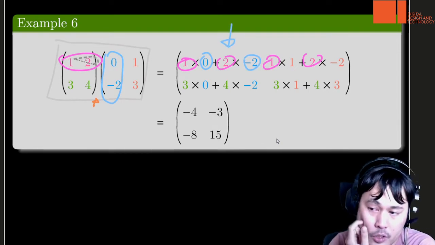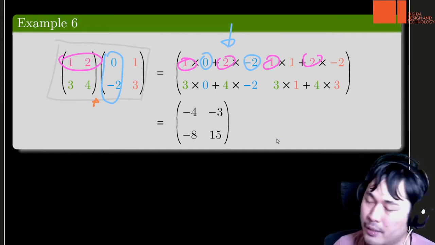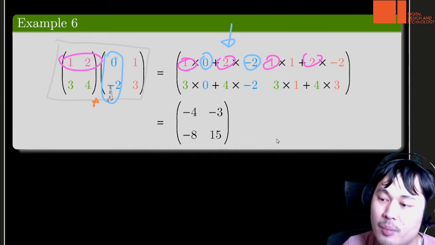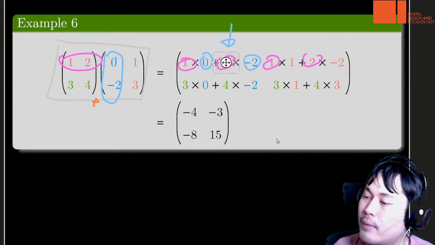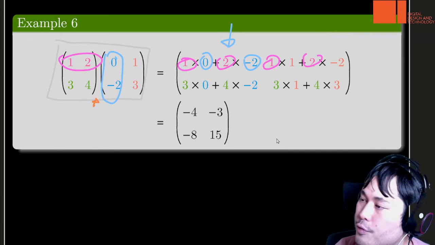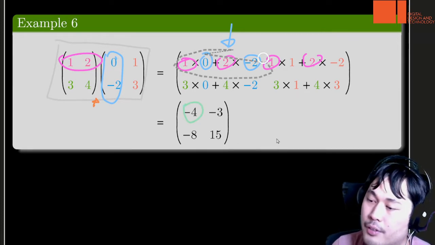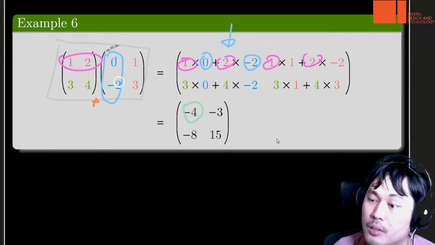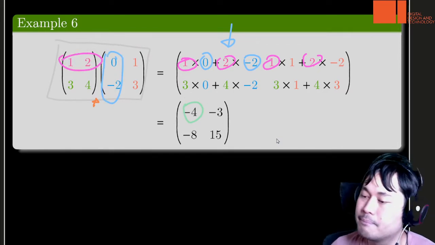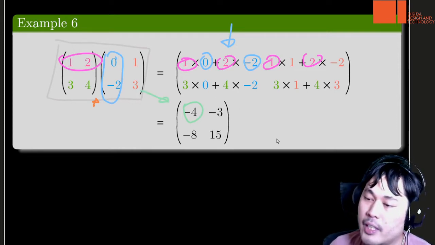So you multiply 1, 2, 2, 0, minus 2, and the result is 4. That's the result of multiplying the first row by the first column. And that's 4. And then we repeat that for other entries.